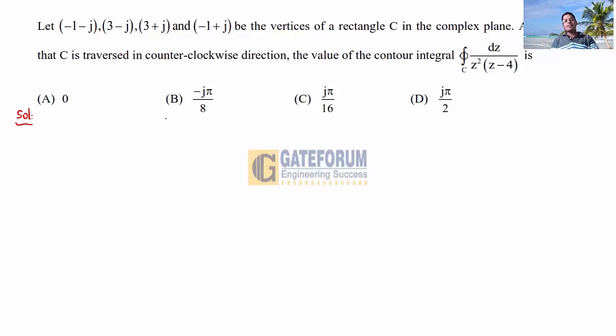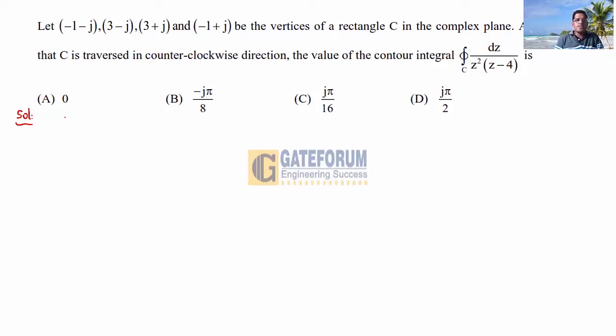Here the rectangle is a closed curve. Closed curve integrations are easily evaluated by Cauchy's integral theorem or Cauchy's integral formula. If there is more than one singular point, it is better to apply Cauchy's residue theorem. Let us see.